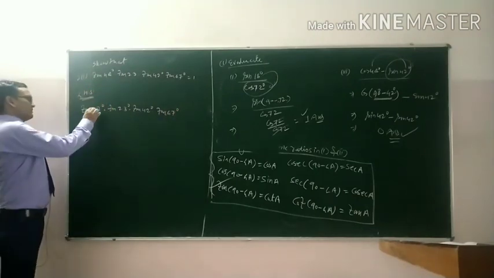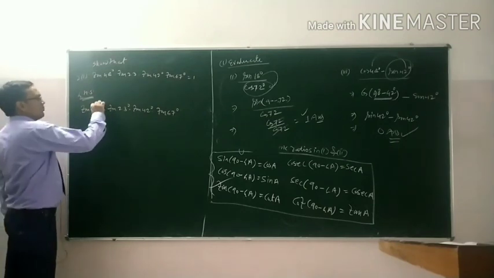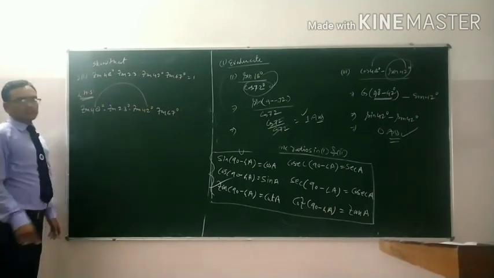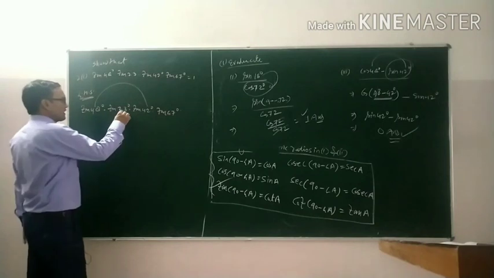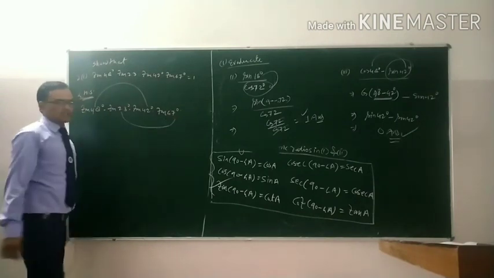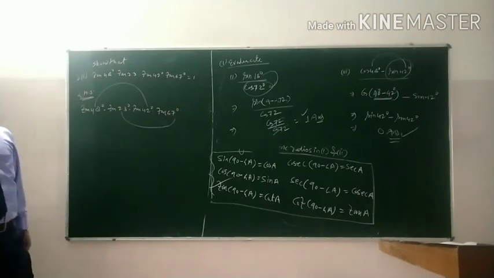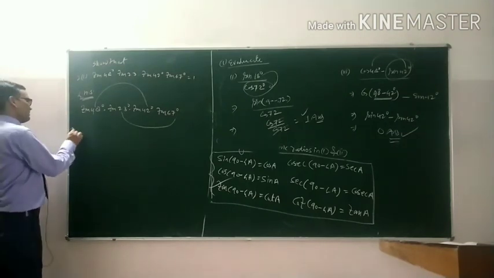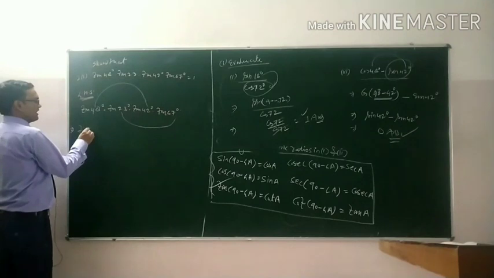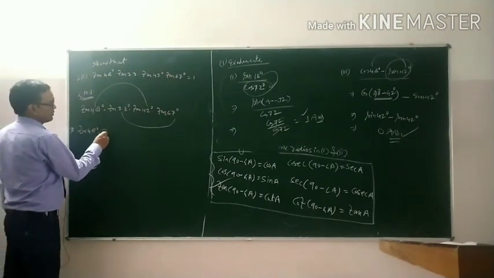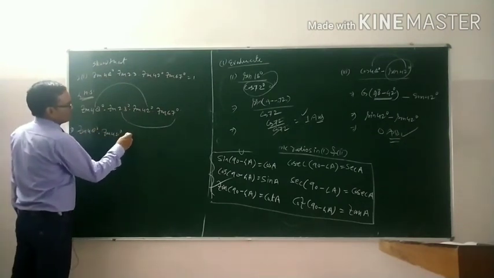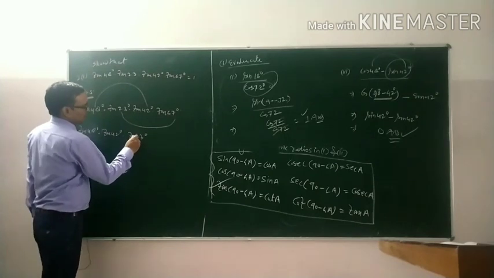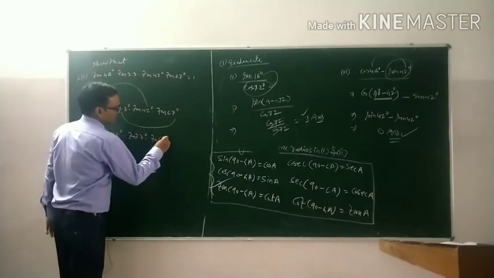We observe that 48 and 42 are complementary angles, and 23 and 67 are complementary angles. Okay students, then we write this as tan 48 into tan 42 into tan 23 into tan 67.